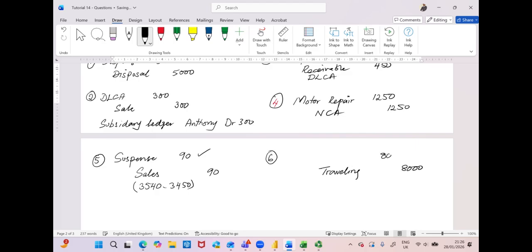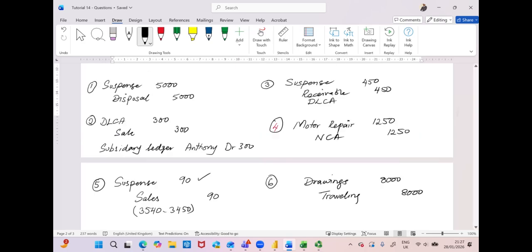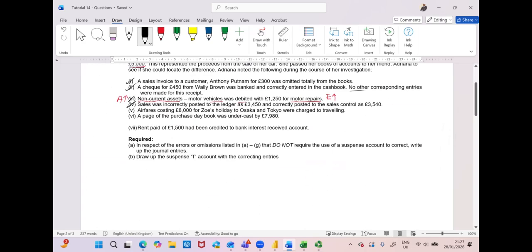It should be debited into the drawings account. So you can see the effect was going into two accounts. Therefore, we did not have to open a suspense account. Next one.